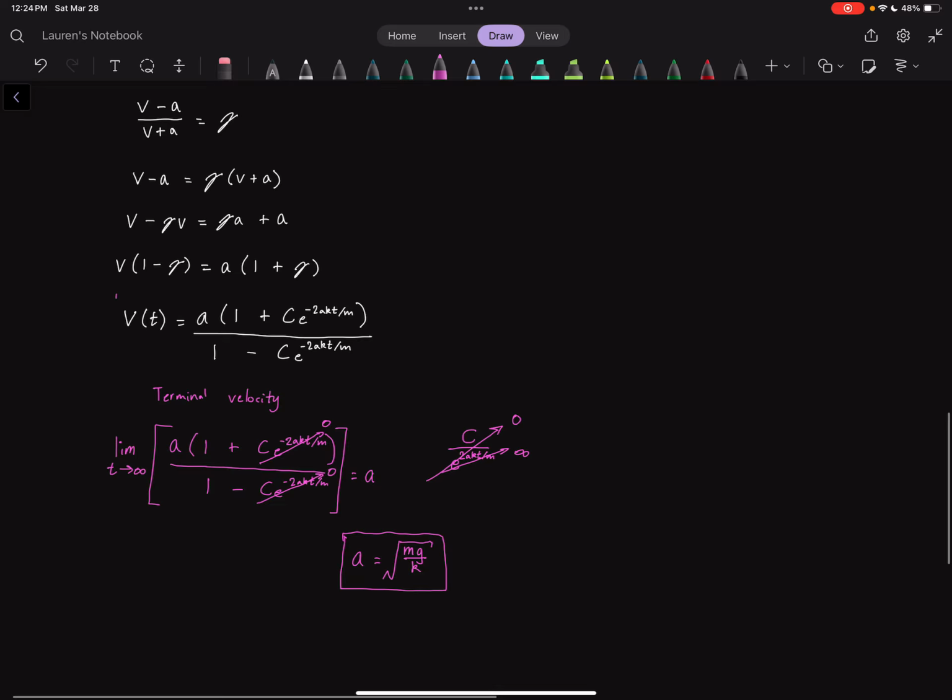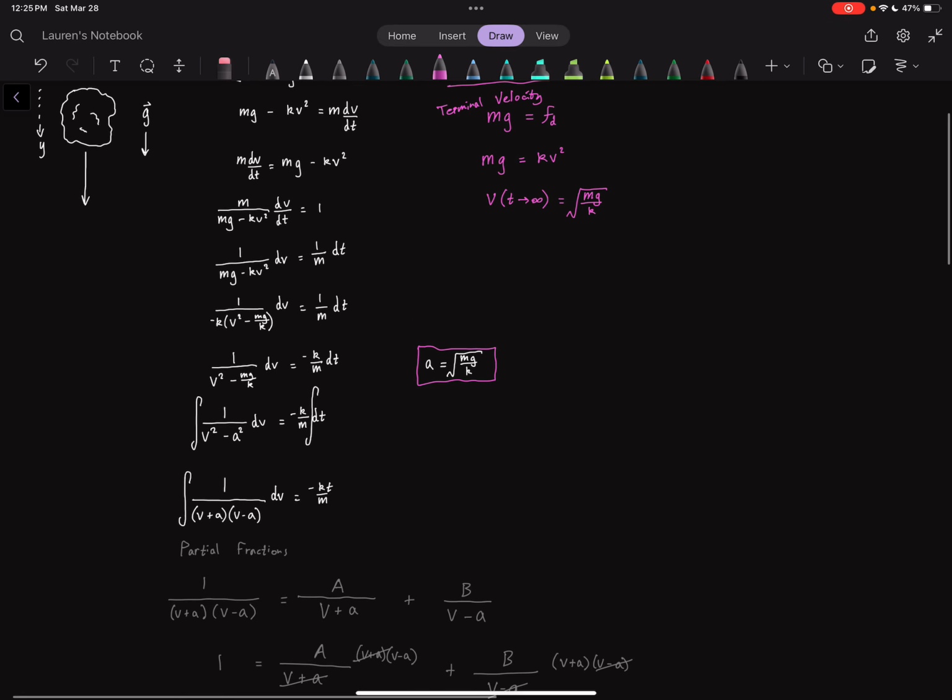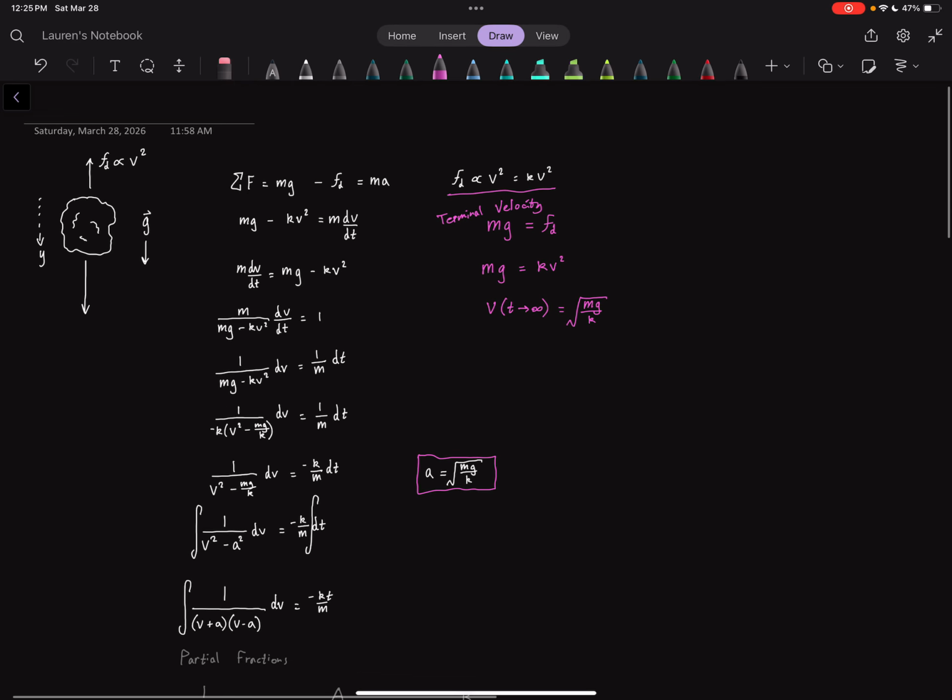So here's the velocity as a function of time as our actual result, and here's a nice little terminal velocity check, that when the force is balanced, we do in fact get terminal velocity as matched by a simple Newton's second law approach with zero net force, and so therefore zero acceleration.